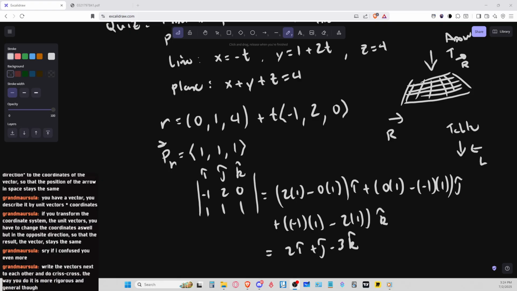Let's see. Maybe we have to put the components of the line into the plane equation. Maybe that might work, because maybe we can solve for t, and then t will be given to us, and we'll get the components we need.